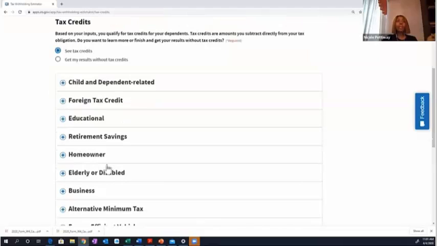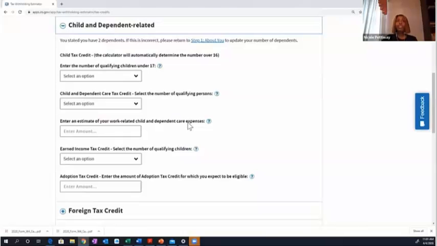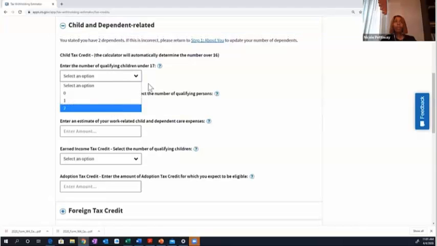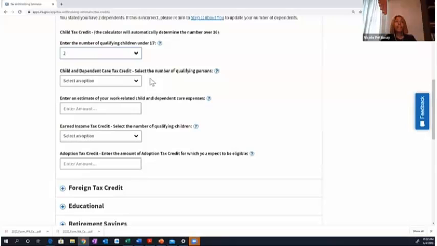So child and dependent related. In her case, she has children who are under the age of 18, and so it makes her eligible to look at getting child tax credits. So the first one says, enter the number of qualifying children under 17. So she's got 2 children that qualify for the child tax credit. The next area says child independent care tax credit.